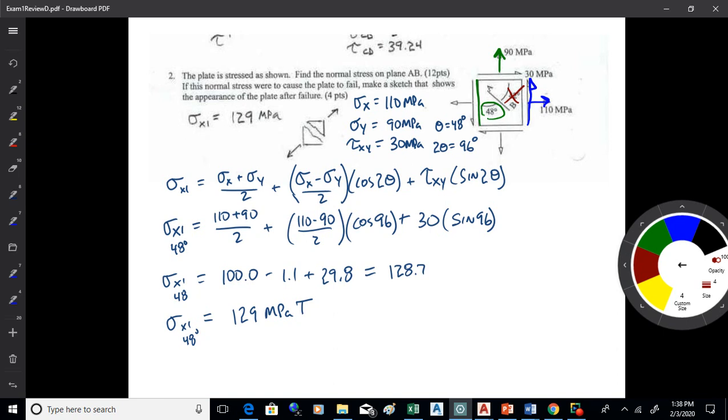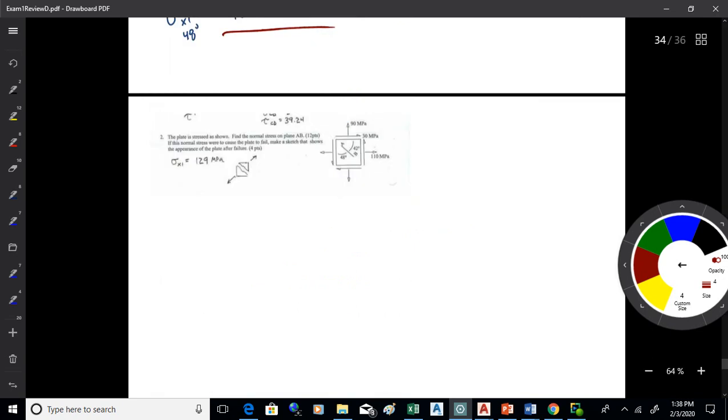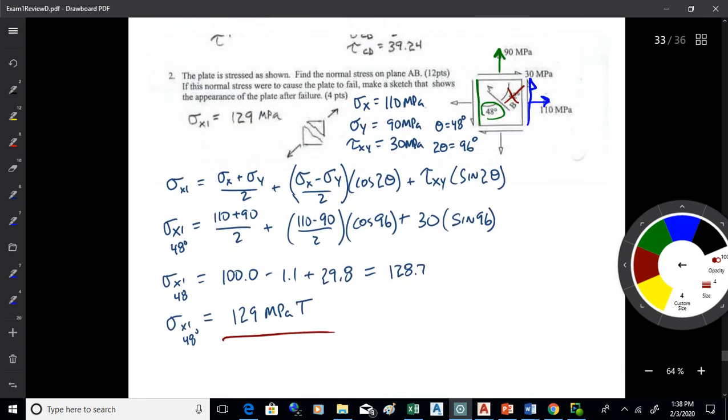Okay. So I just went ahead and ran through that and got 129 megapascals tension. And then to find the shear, just run the shear formula. Did I ask you for the shear on that, or just normal stress? Okay. So that was a fairly straightforward one.